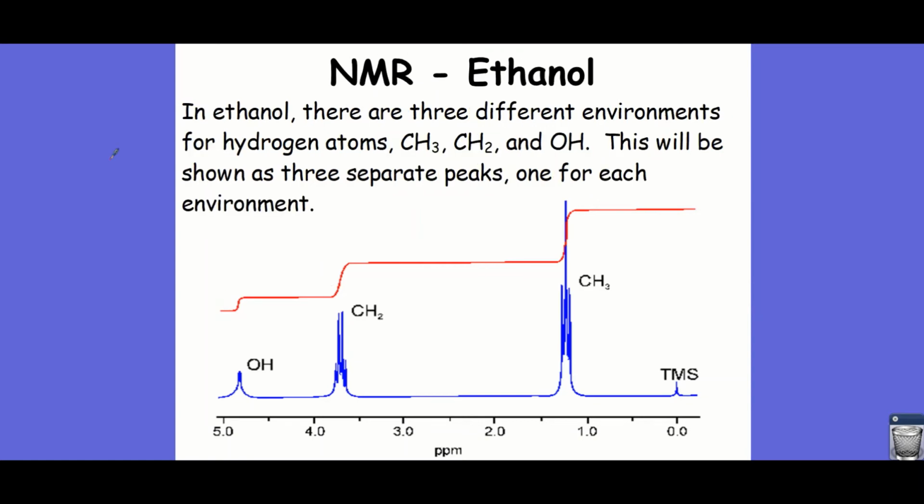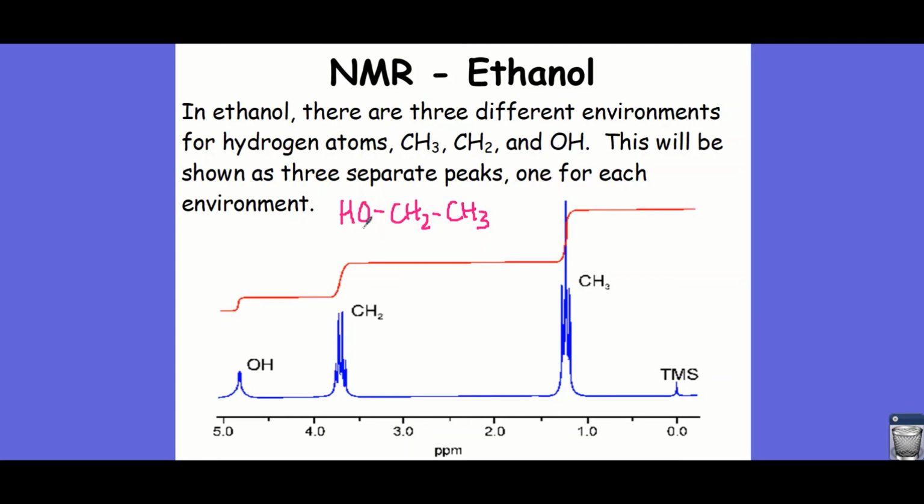So let's look at this NMR in a bit more detail. This is just an NMR of ethanol, so I'll just quickly draw that out. We have CH2 and CH3. So we've got 3 different peaks, and we have 1, 2, 3 different environments where we might find hydrogen atoms.